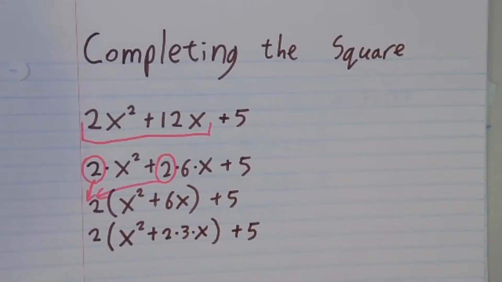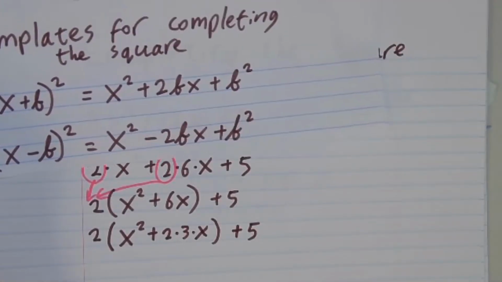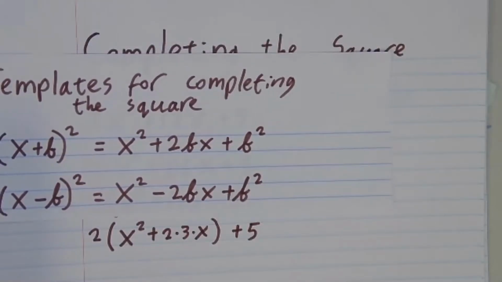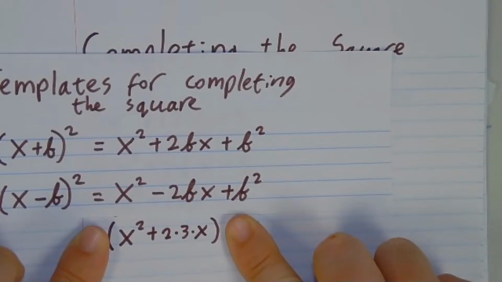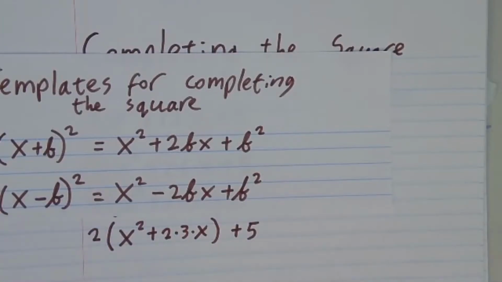So now I've got both of the first 2 terms matching that frame. If I look at just this part, I've got x squared plus 2 times b times x. And that means that I'd have a b of 3.